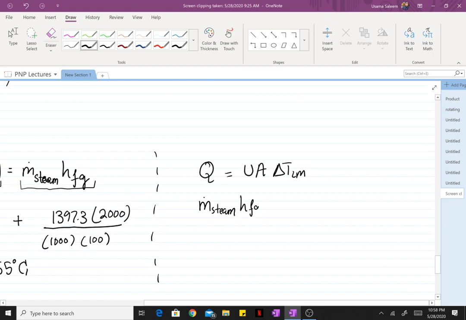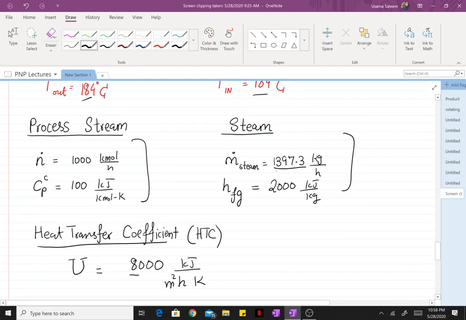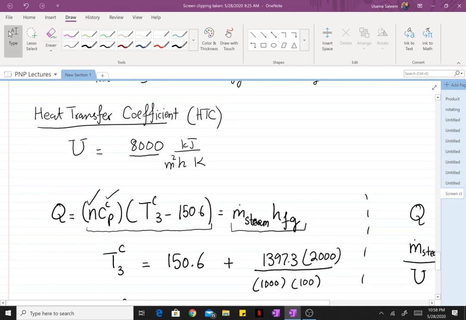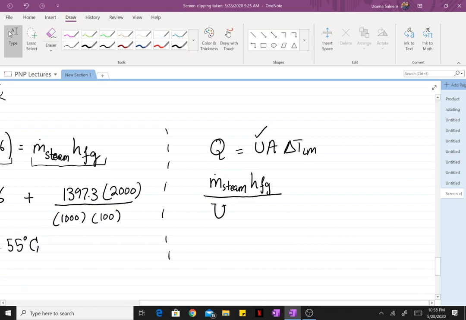It's more convenient, it's just fewer terms that I have to punch in to the calculator. And the heat transfer coefficient is given in the problem statement. You'll notice that the heat transfer coefficients are much larger for saturated sections of a heat exchanger.